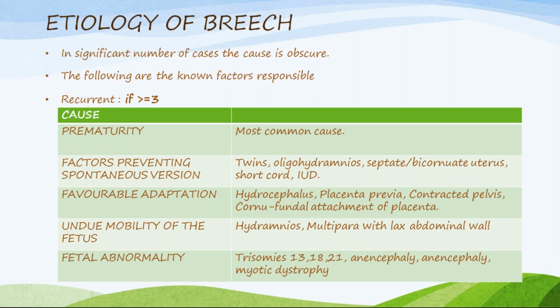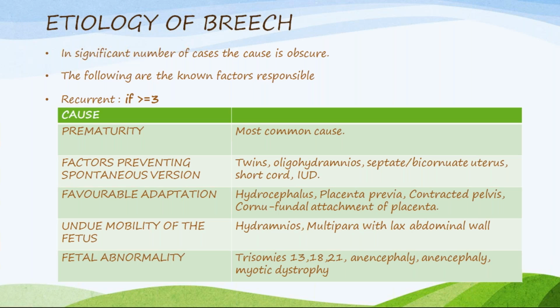Another factor is fetal adaptation. Depending upon baby size or some pathology, suppose hydrocephalus, the baby's head is bigger, so the fundus is bigger than the lower pole of the uterus and the head will occupy that.